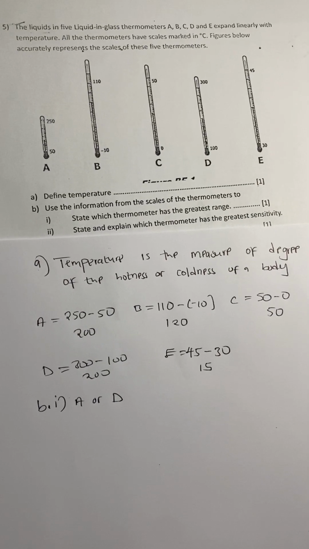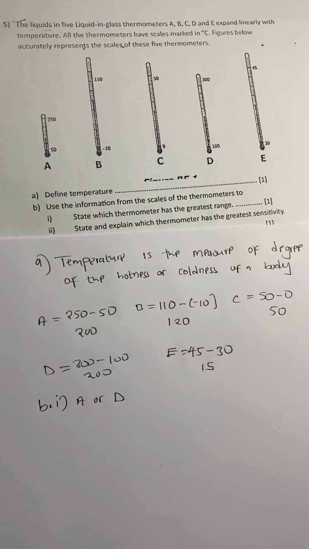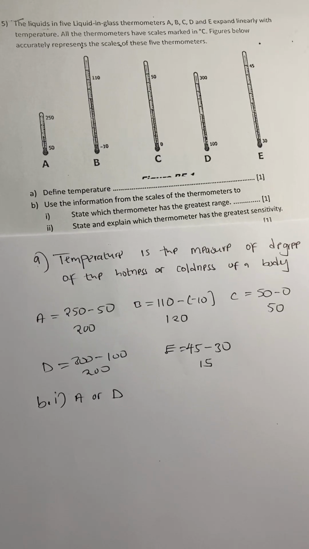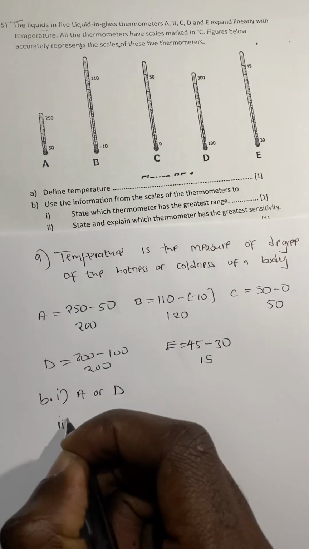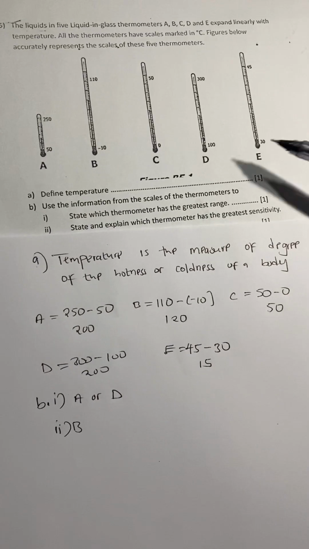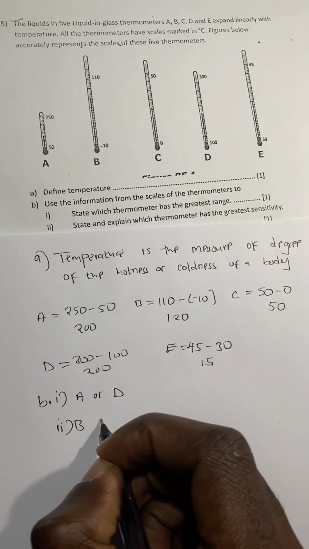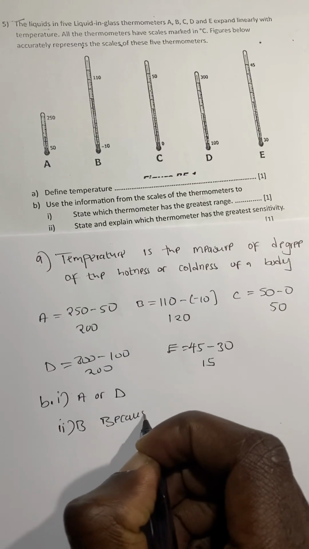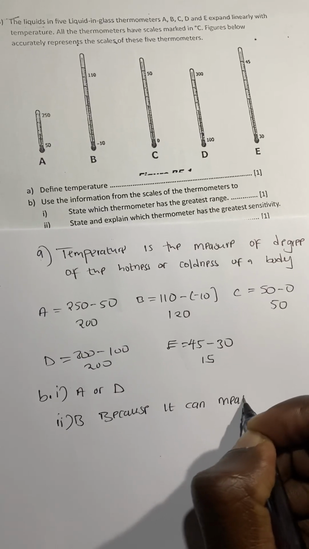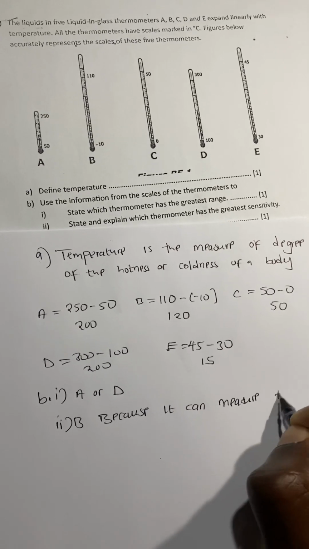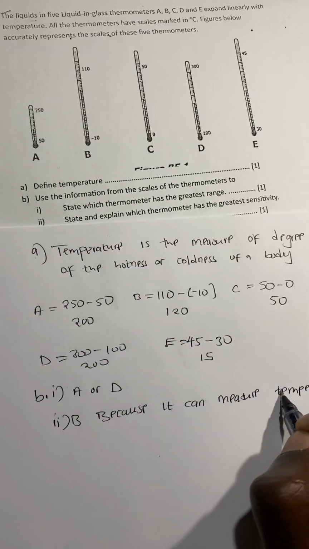Then B2, state and explain which thermometer has the greatest sensitivity. So the thermometer with the greatest sensitivity is the one which can measure the lowest temperature, which is thermometer B, because it can measure temperature in negatives, or it can measure the smallest temperature.